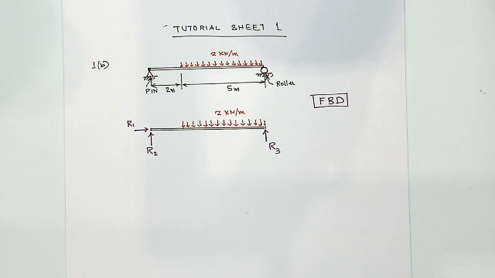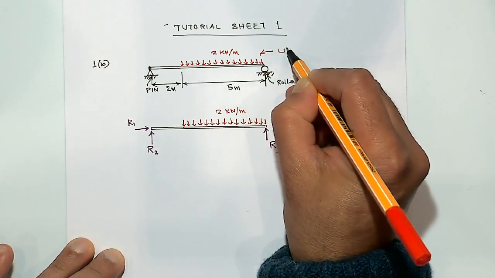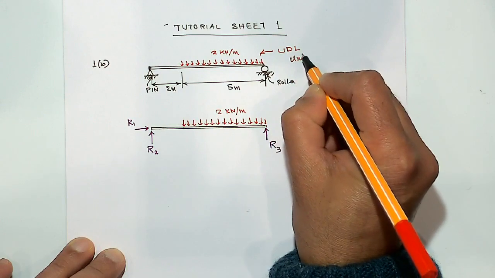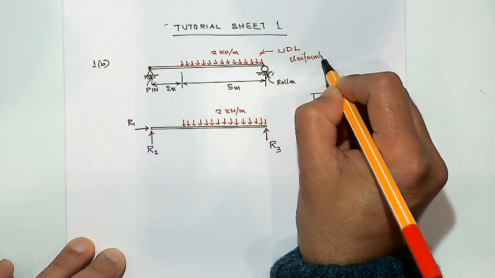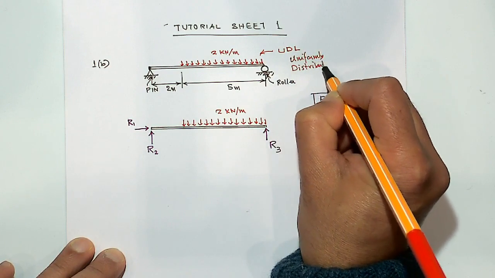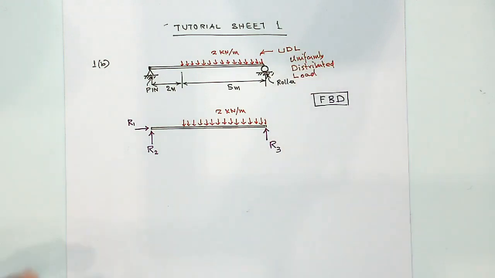But when you have got a UDL, this type of load is called, in short, UDL, which stands for uniformly distributed load.